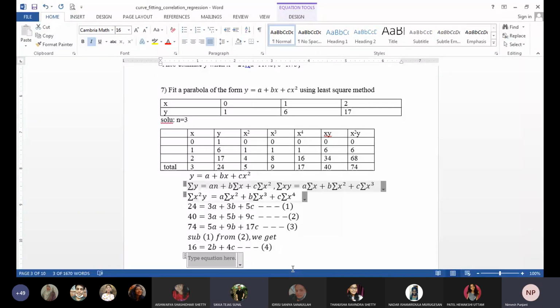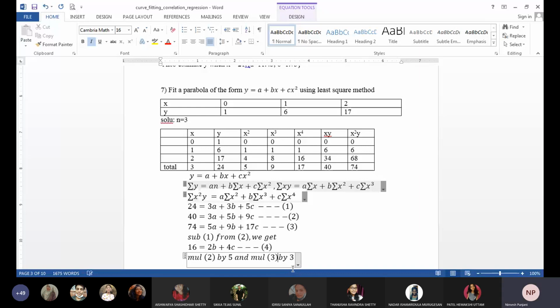You want to eliminate a from equations 2 and 3. That means in equations 2 and 3 you have to equate the coefficient of a. So for that, multiply equation 2 by 5 and multiply equation 3 by 3.